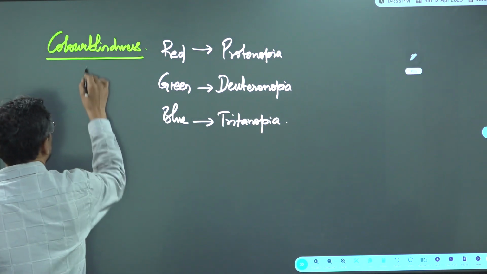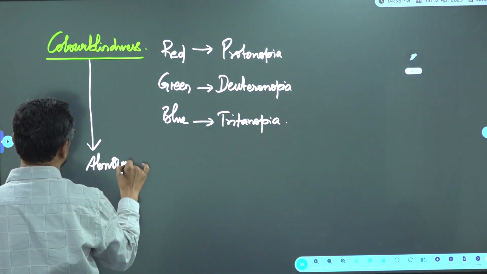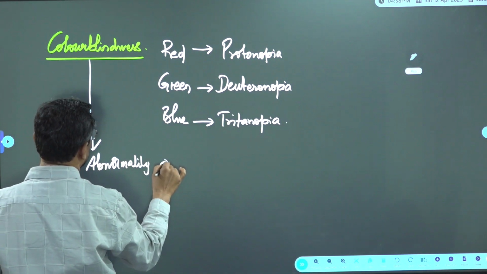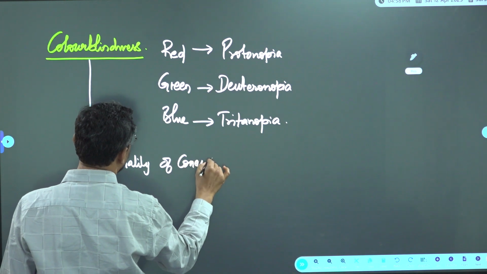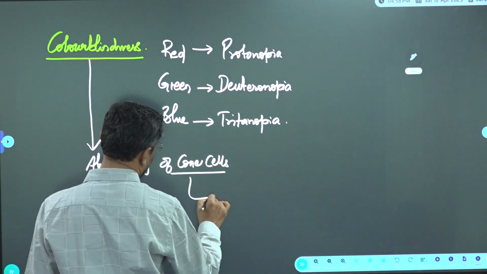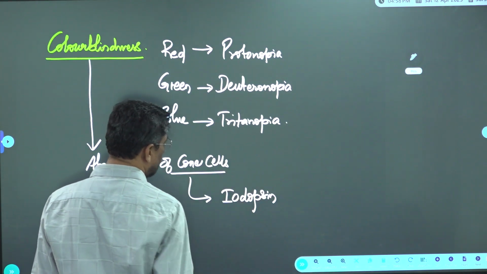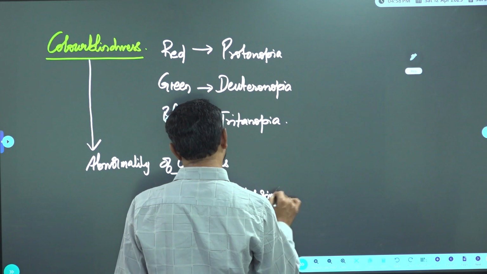Tritanopia. So this color blindness is due to abnormality of cone cells in our eyes. From these cone cells, the iodopsin protein is released.